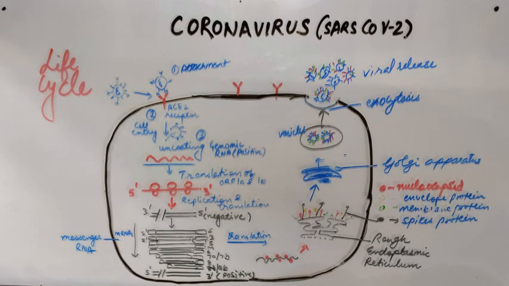So, here we have understood the whole life cycle of the SARS coronavirus 2. How does it enter the cell and how does it replicate to form the multiple viruses which are released.